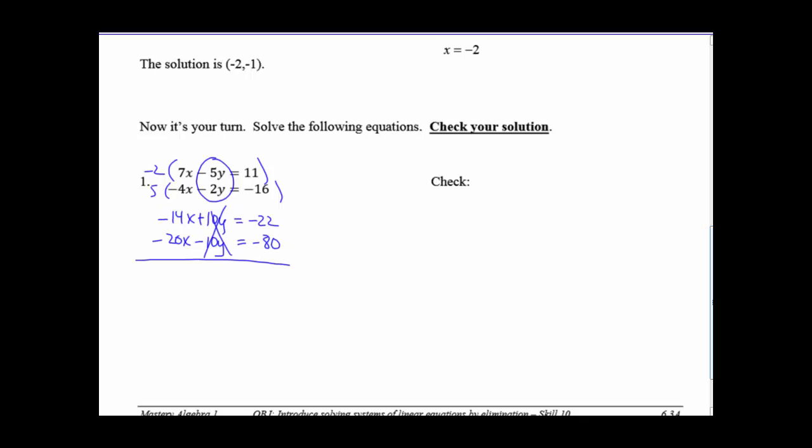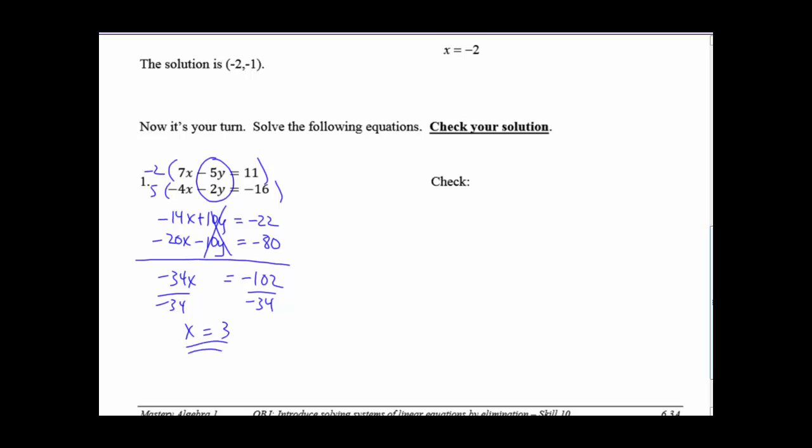If we add down negative 14 and negative 20, give us negative 34x equals negative 102. Divide by negative 34. And x is equal to positive 3.